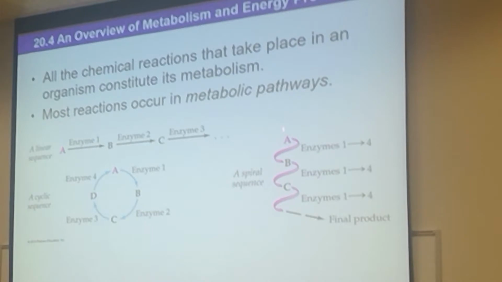For example, A to B, we need 4 enzymes, enzymes 1 to 4. The same enzymes are responsible for D to C, and for C to D. So a set of enzymes is doing multiple reactions. At that time we call it the spiral sequence. So these are the 3 important sequences we see in our metabolic process.